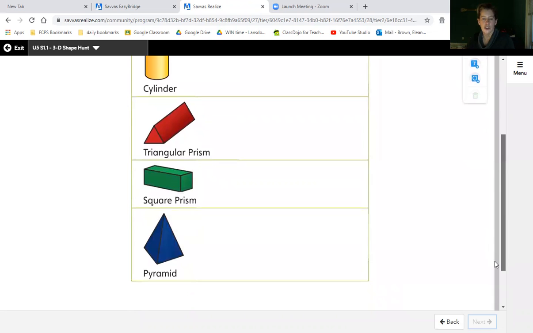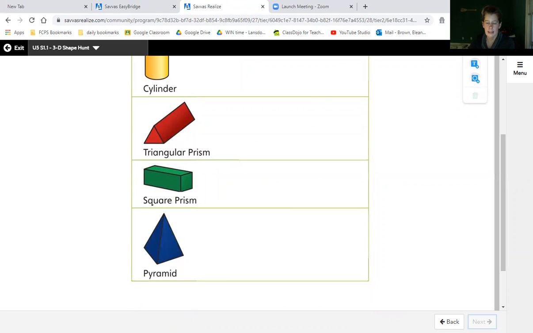And square prism, I found a light bulb box. And pyramid, I found a small crystal-y looking pyramid, just like that. You could even find it outside if you can't find anything inside your house on your nature walk.